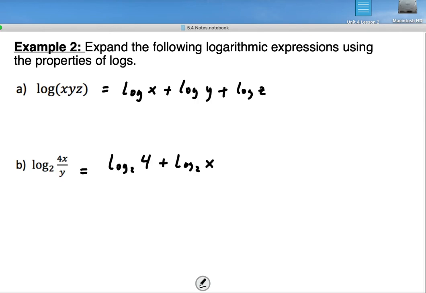So we're going to do minus log base 2 of y. Now whenever you have numbers, plug those into your calculator and see what you get. So log base 2 of 4 there, you're going to get a value of 2. And that's as simplified as we can get.